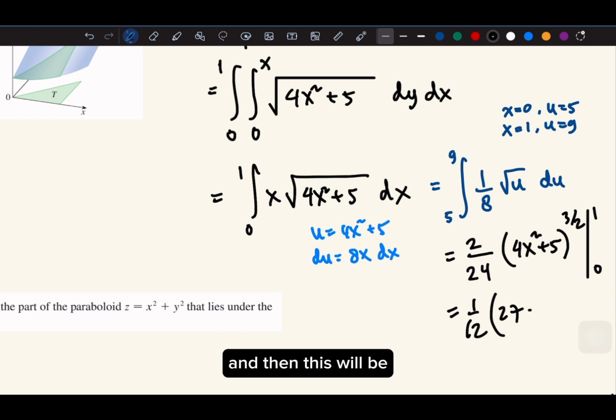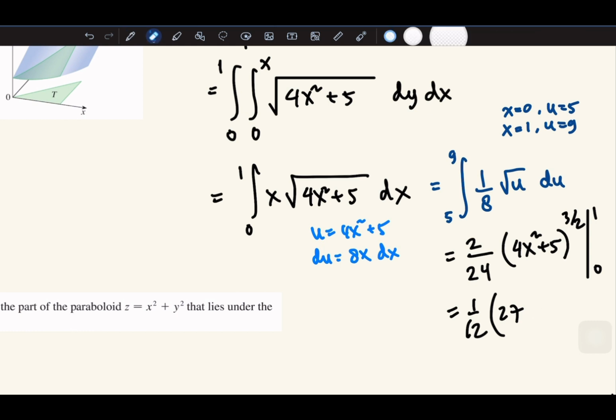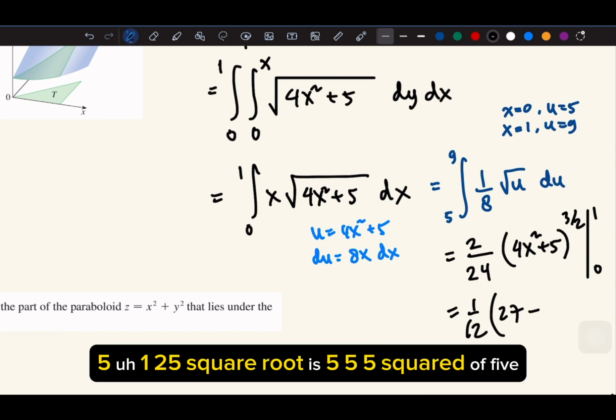And then this will be minus 5 to the 3 over 2, which is 5 square root of 5.